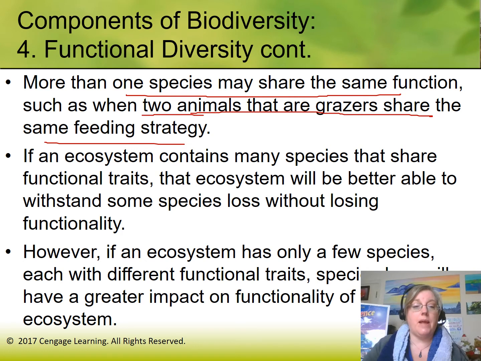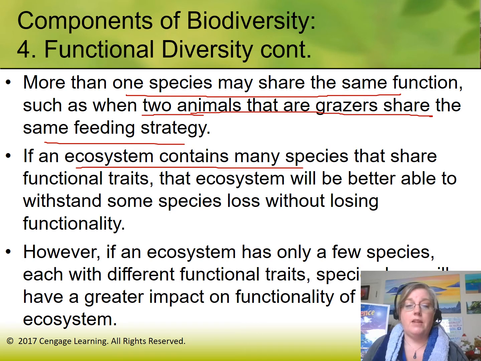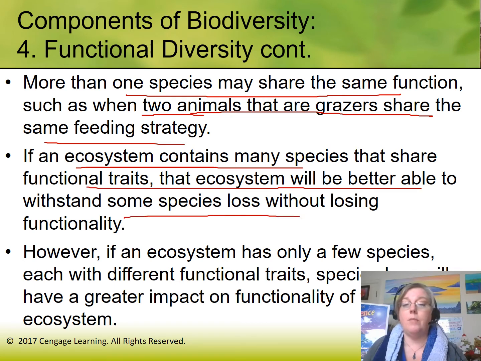The ecosystem can maintain its health overall. Even if we lose one species, overall the ecosystem will be fine if we have enough functional diversity that whatever job the one that went extinct or started dying off had, somebody else can pick up the slack. That's why we need functional diversity, to keep the ecosystems healthy. So if it contains many species that share functional traits, the ecosystem will be better able to withstand some species loss without losing functionality. Like I said, one can pick up the slack for the others.